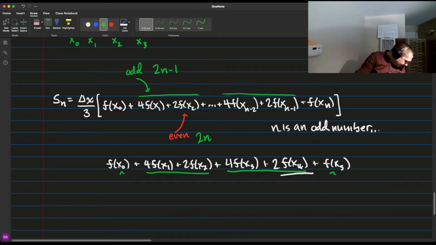Why does the book say that it needs to be an even number? Am I counting wrong? Zero, 1, 2, 3, 4, 5.